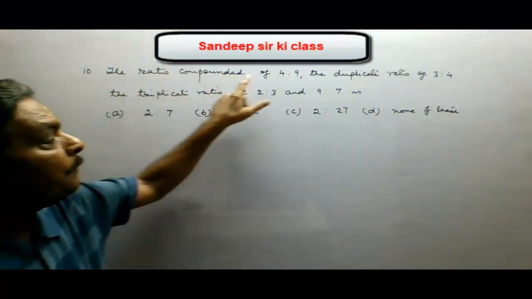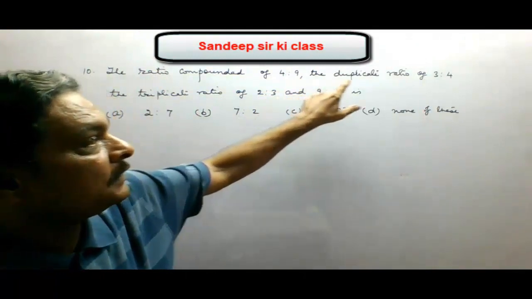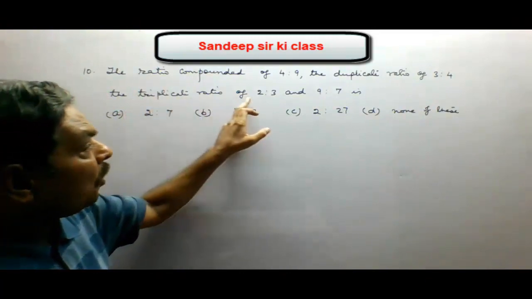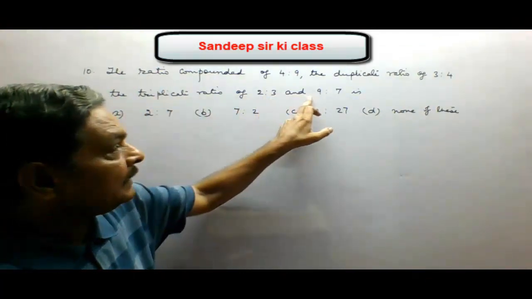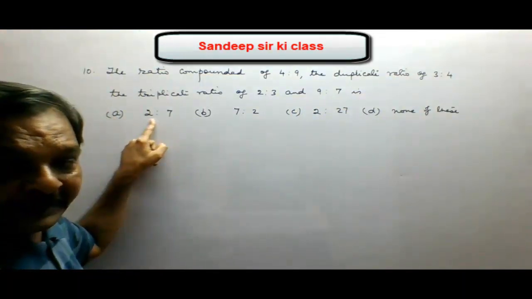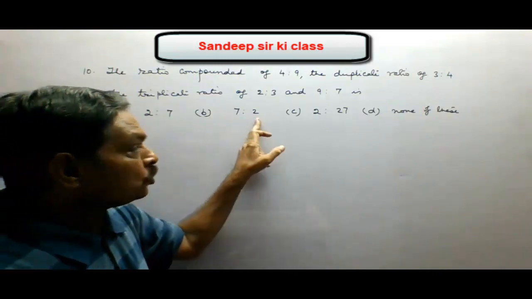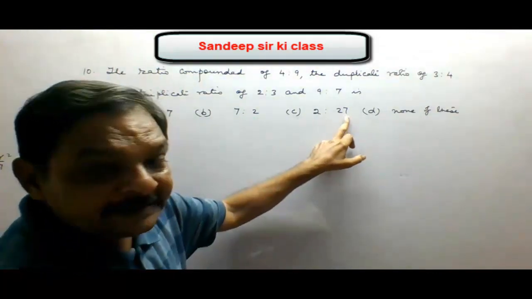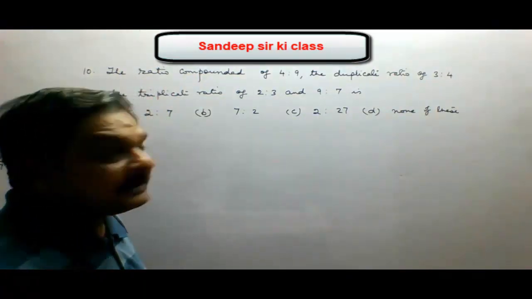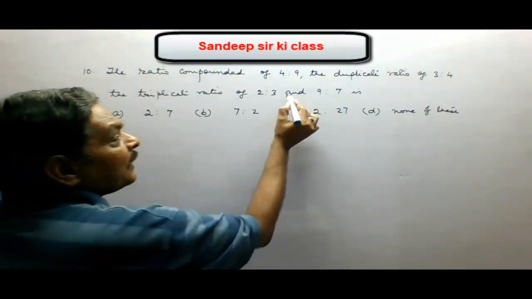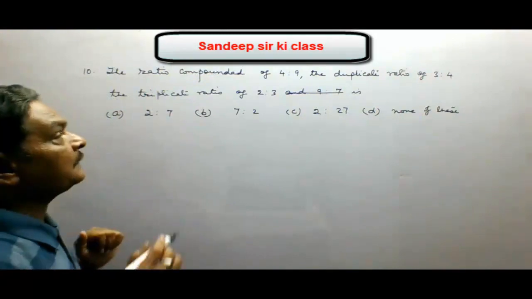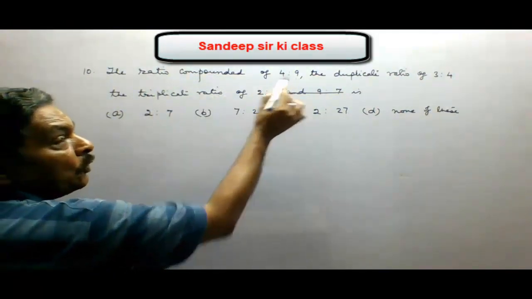The ratio compounded of 4:9, the duplicate ratio of 3:4, the triplicate ratio of 2:3 and 9:7 is. Options are: option A is 2:7, B is 7:2, C is 2:27 and D is none of these. Now for the time being, considering the answer of the question, I am forgetting this 9:7 and am now solving the question. The ratio compounded of 4:9.